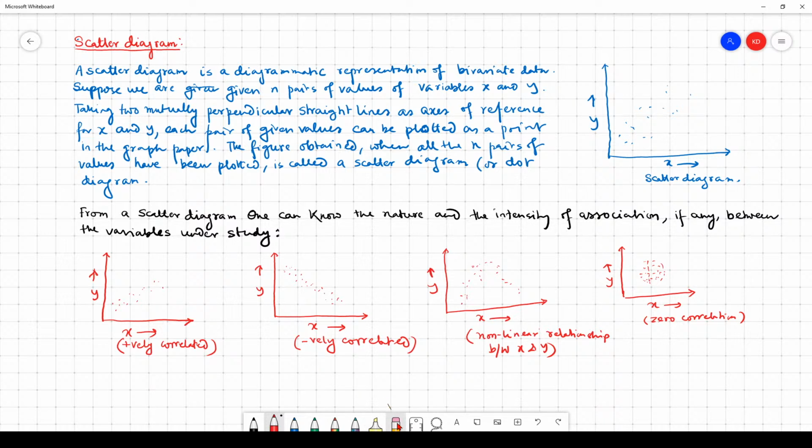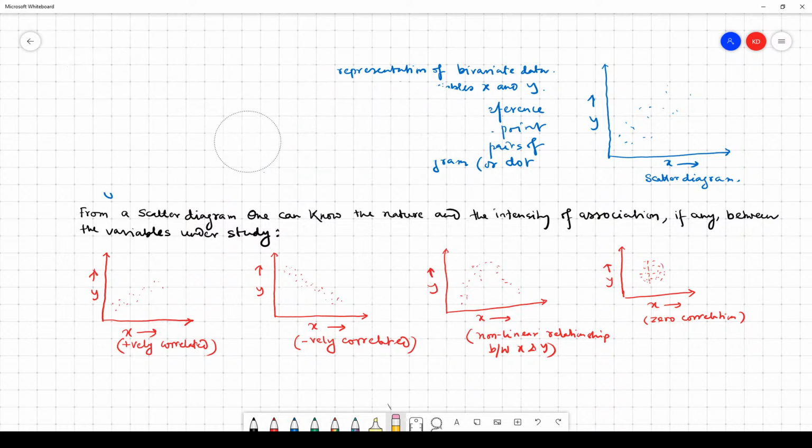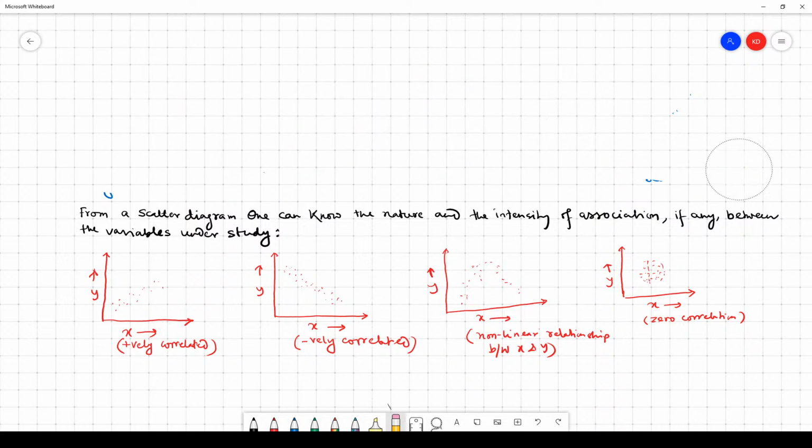Moreover, we can also tell the strength of correlation using a scatter diagram. For example, suppose this means x and y are positively correlated.